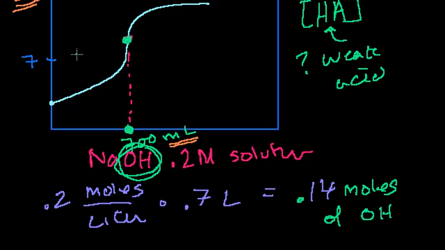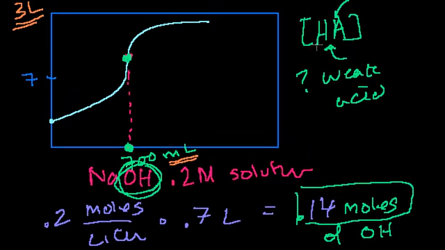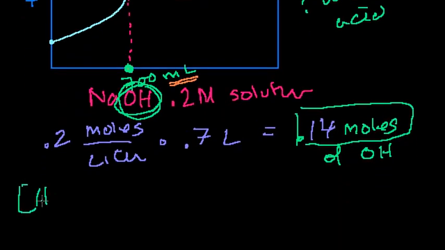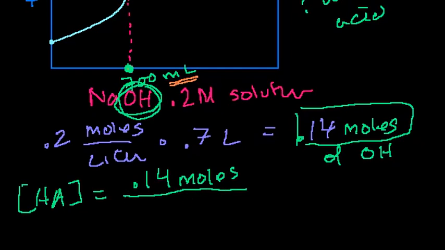Which means that it canceled out completely with the same number of moles of our original acid. So that means that the original concentration of our acid is 0.14 moles, that's how many moles we had, over our original solution before we started titrating, which is 3 liters. Remember, the molecules are canceling directly with each other. So that's why I wanted to figure out how many actual molecules of OH I added.